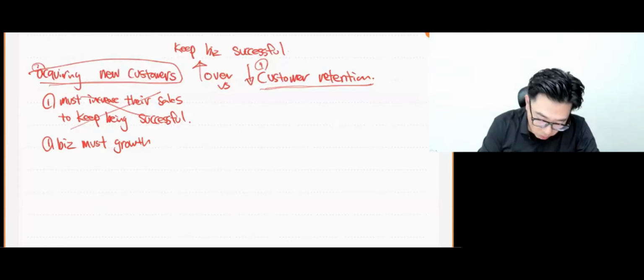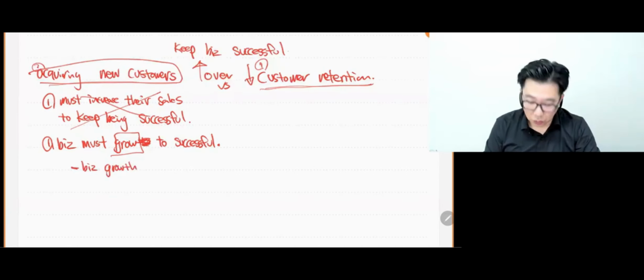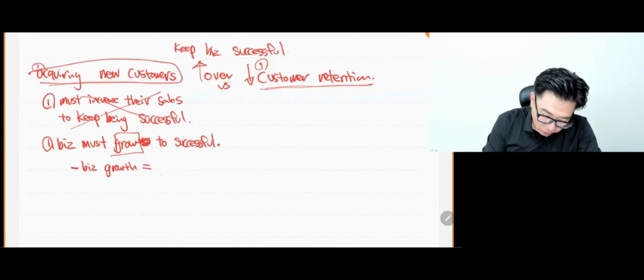Business must grow to be successful. That's what business need to achieve. So in business, business growth happens, results, or means when you are making more sales, when you're making more revenue.